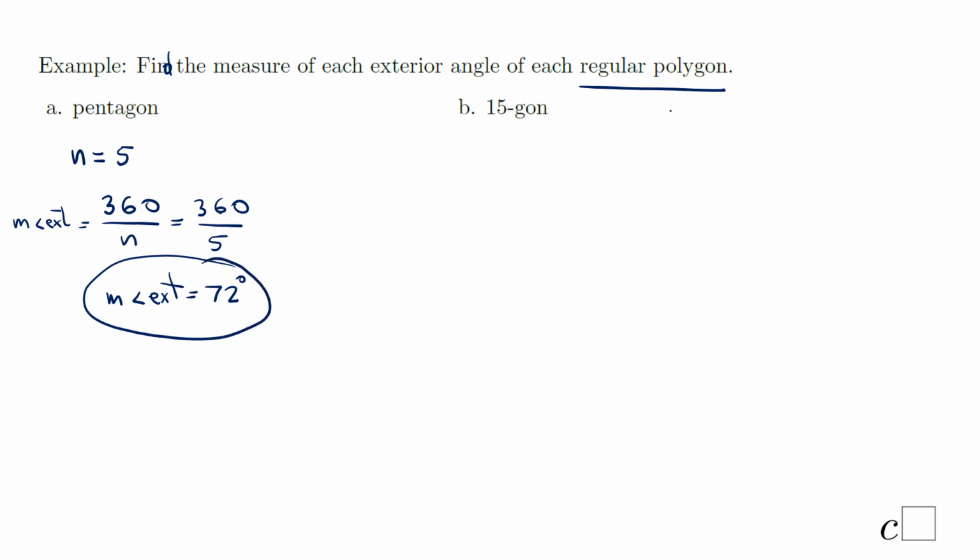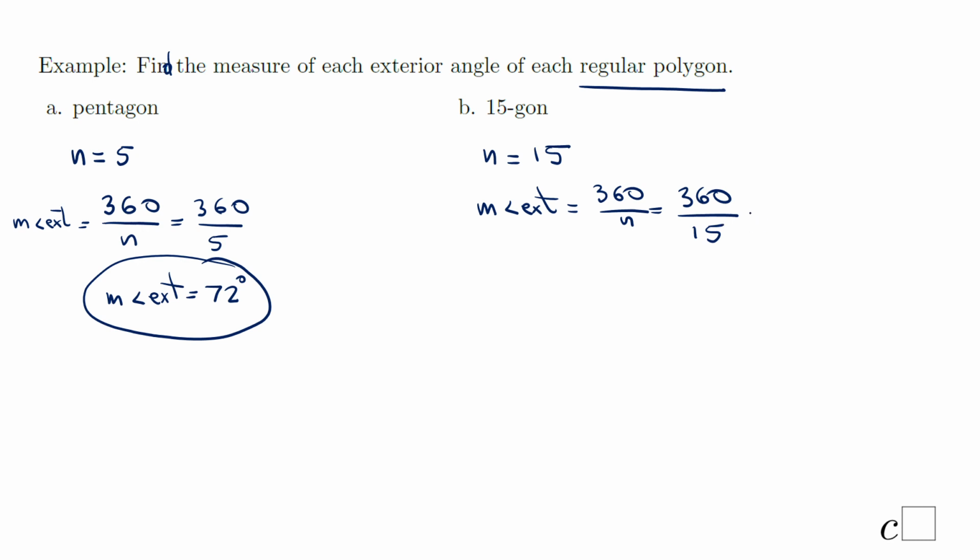What about the next problem, number B? That one we have a 15-gon. We have a 15 sides polygon. So the same formula, the measure of an exterior angle will be 360 divided by n. In this case we have 360 divided by 15.